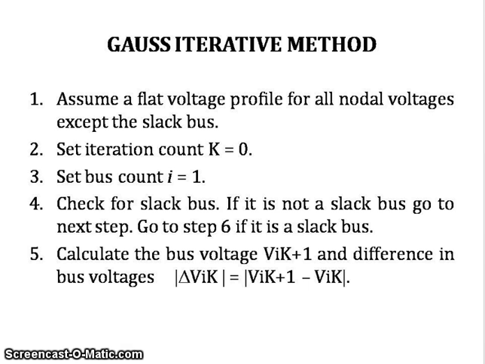Generally, magnitude and phase angle of the load buses, reactive power at the generator buses, and real and reactive power flow on the transmission line are the main parameters we calculate through load flows. Also, using load flows, we can find out the increase in the load demand.